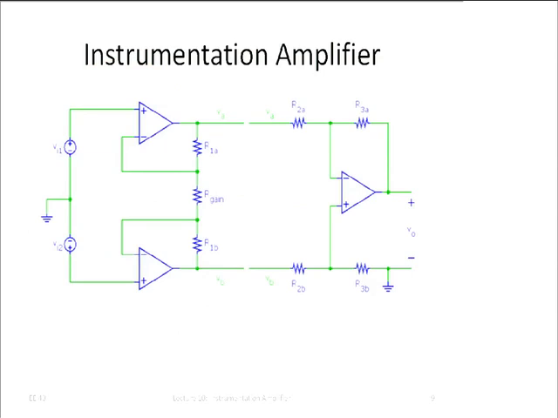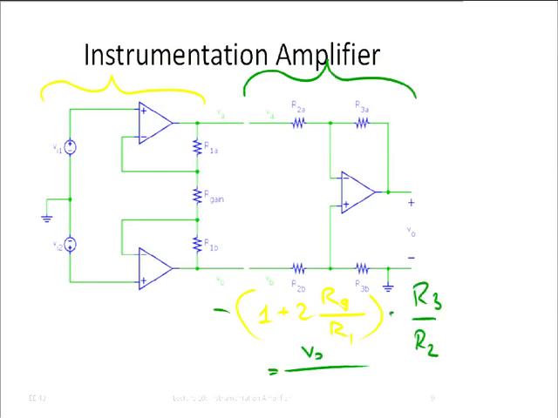I have this one here that has a gain of 1 plus 2 R gain over R1. And then I have the second one, this guy, that has a gain of minus, let me put the minus out there, R3 over R2. And that is therefore equal to V out over VI1 minus VI2. Okay, I promised we could solve this in 10 minutes.